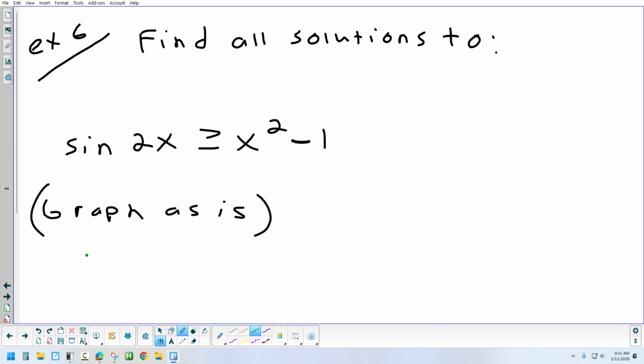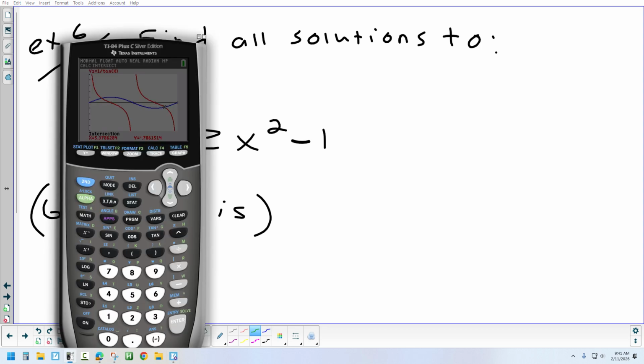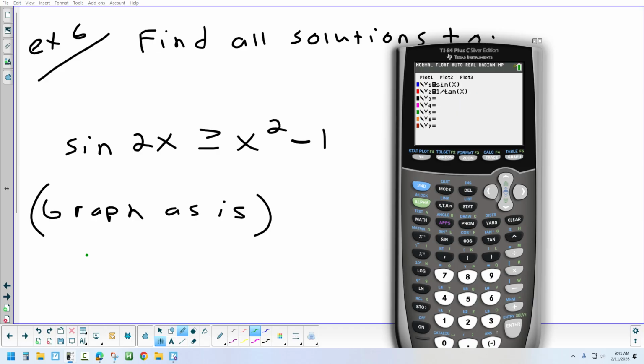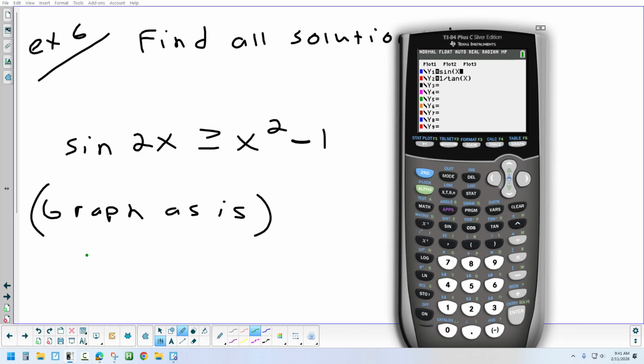So it's sine 2x is greater than or equal to x squared minus 1. Graph it. Sine 2x and x squared minus 1. So I'm looking for where the sine function is above or equal to the parabola.